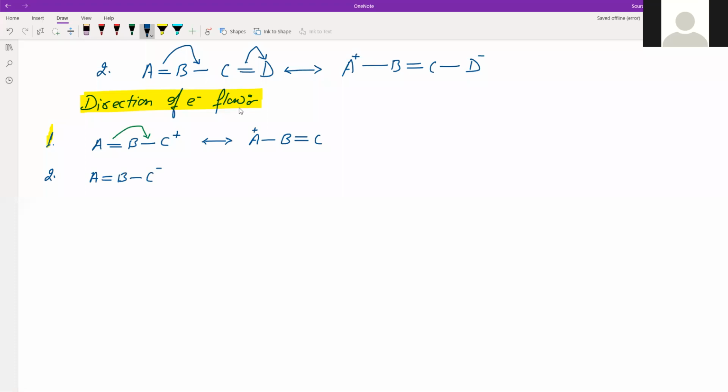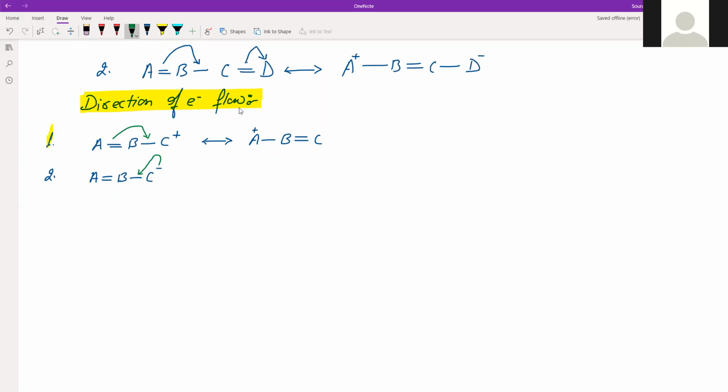Okay, next case. Next case is when on C there is a negative charge. Negative charge means that is the site where high electron density is available. So electrons should move from there to the next available site to form a pi bond. And obviously B may not be able to accept this, because this was its ideal situation in which it was forming only 3 bonds.